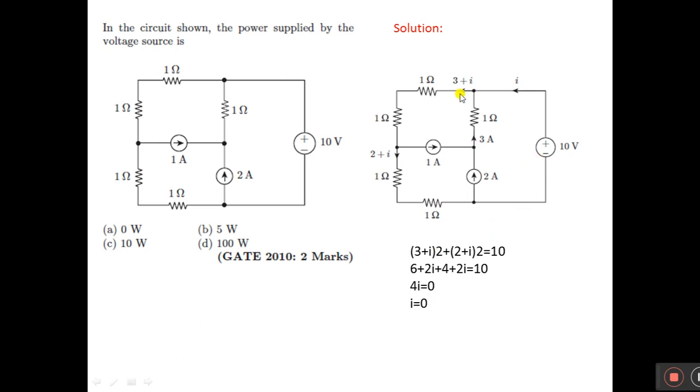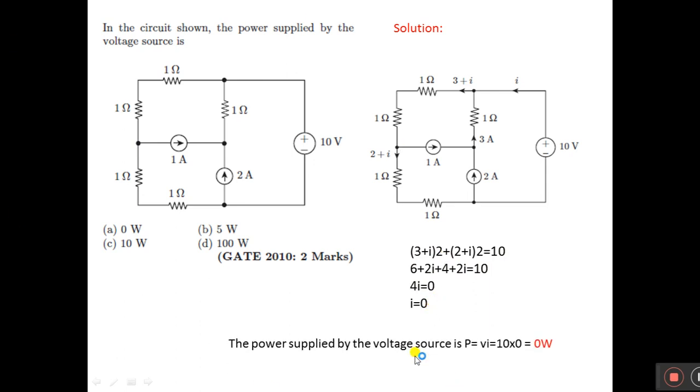Right? So this 3 plus I multiplied by these two resistors, plus this 2 plus I multiplied by these resistors, minus 10. If it is minus 10, on the right hand side it becomes plus 10. So if you multiply, 6 plus 2I plus 4 plus 2I, that is equal to 10. So 6 plus 4 is 10, 10 minus 10 is 0. So 4I equal to 0, I equal to 0.